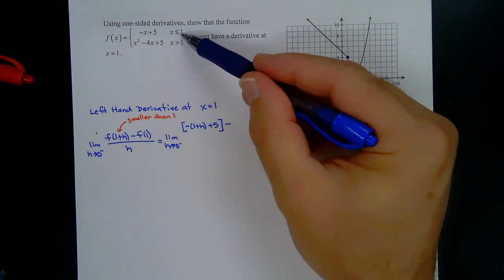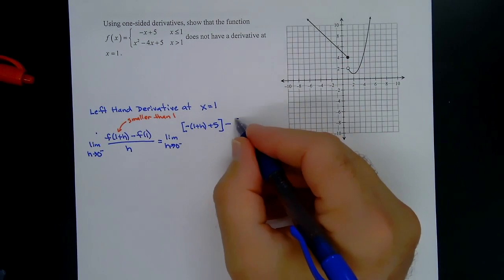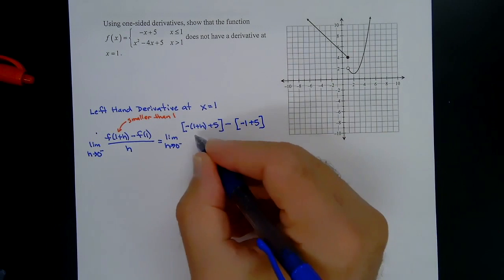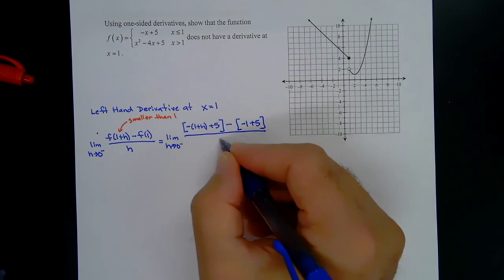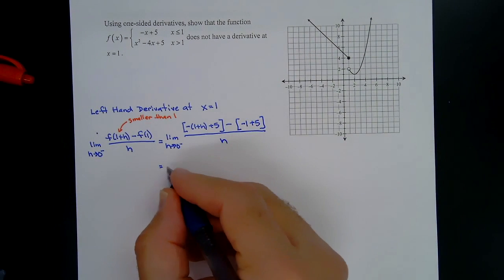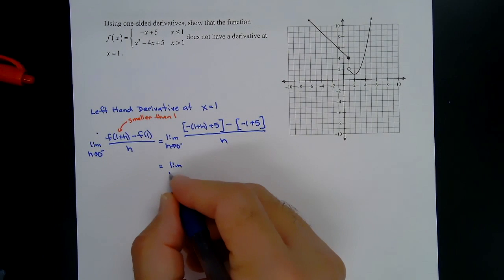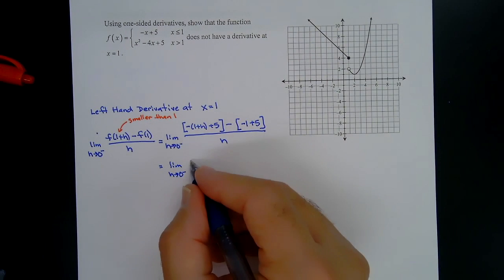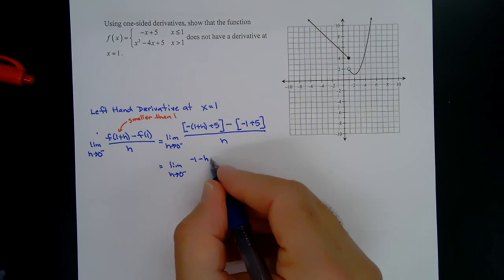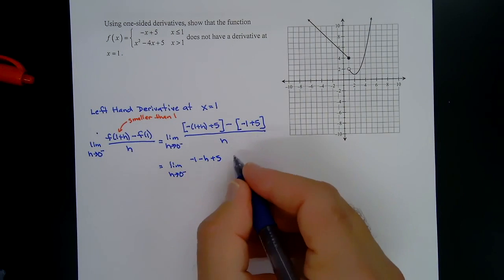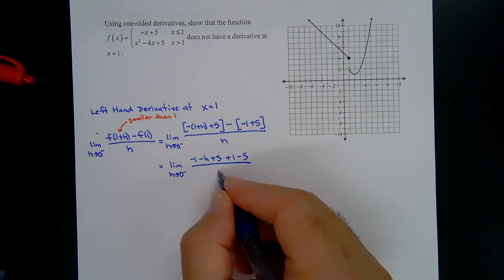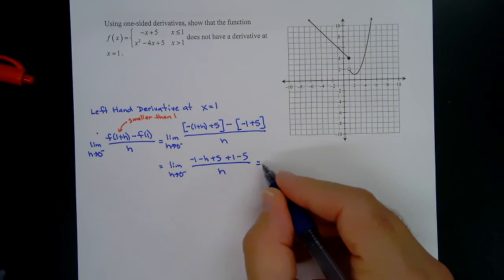When it's 1, we use the line again, so that would be negative 1 plus the 5, all over h. So this is equal to the limit as h approaches 0 from the left of negative 1 minus h plus 5, and then plus 1 minus 5, all over h.